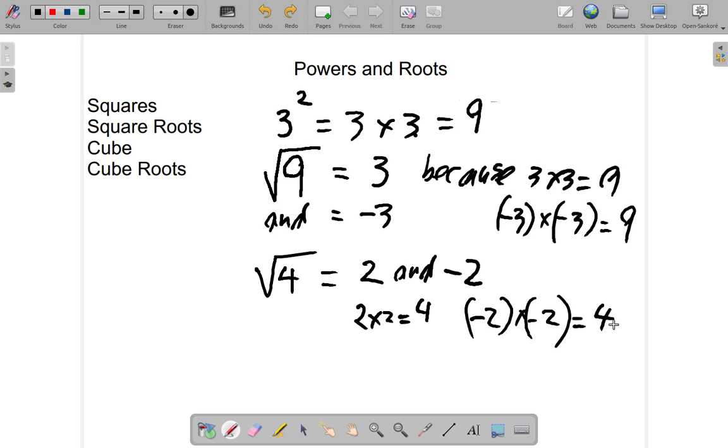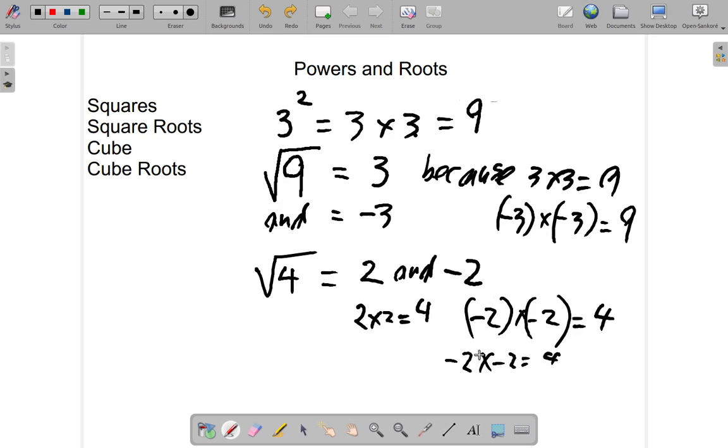Now, when you're going to multiply negative numbers, if you're going to use a calculator, you have to be careful. If you type negative 2 times negative 2, you will get a 4.